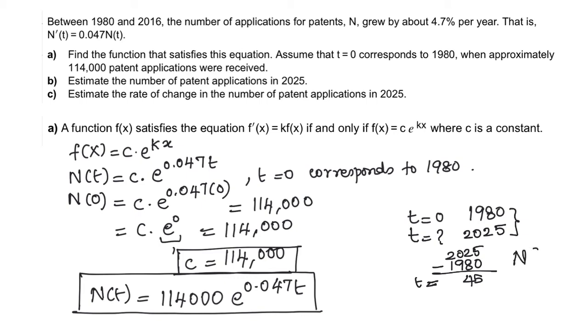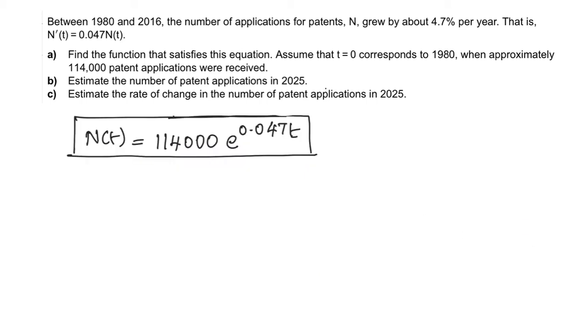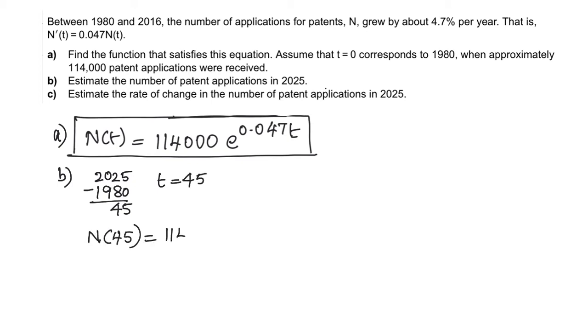So we need to find N(45). I copied the answer for A here, and for B, first we find the difference between the years to find the corresponding value of t. So t = 45, and we find N(45). In the above equation, replace t with 45. Enter this into the calculator to find the corresponding value.